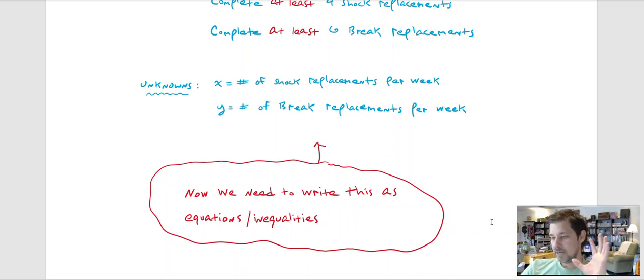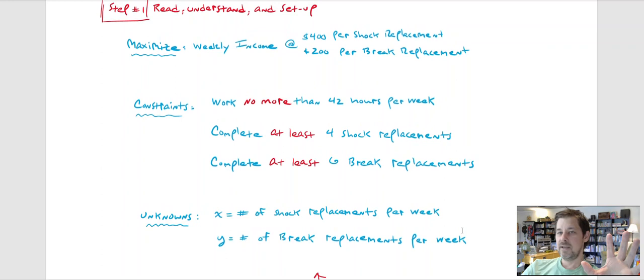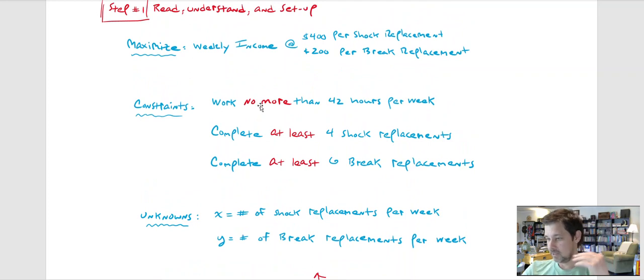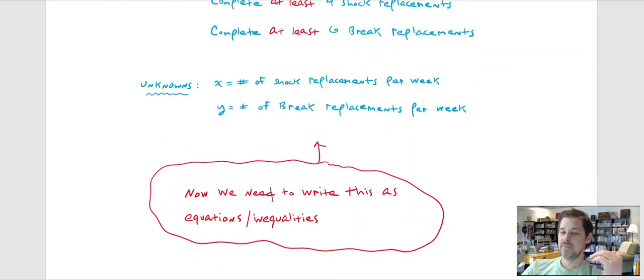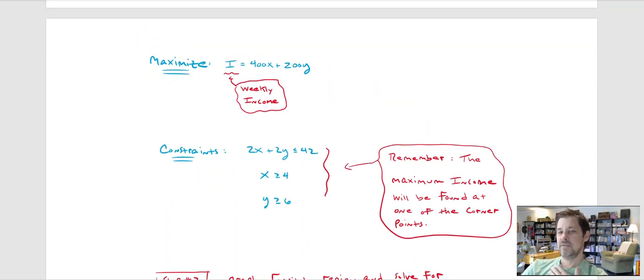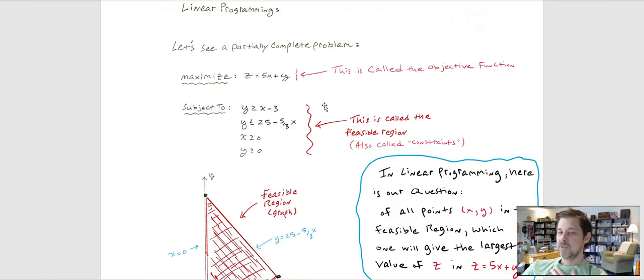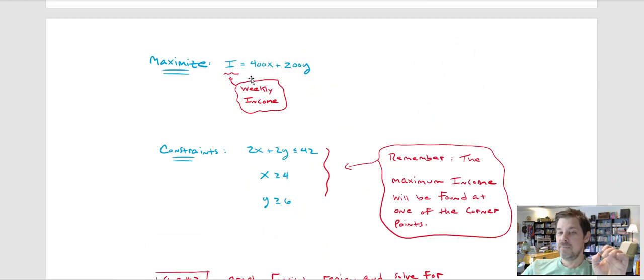So my next step, now that I've read this and I think I've understood it, and I've written everything down as it should be divided into the problem, is to write all of that as equations and inequalities, okay? Now here's what is starting to look more like our initial linear programming problem. I want to maximize weekly income.